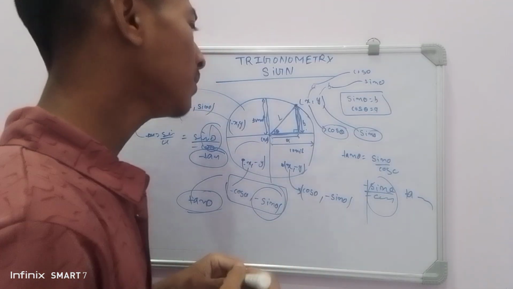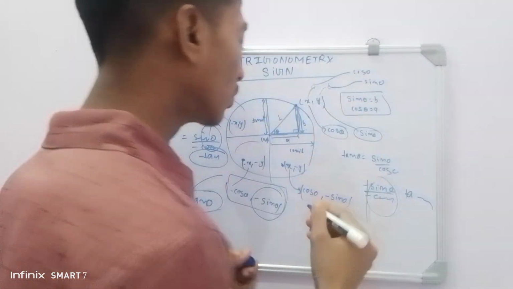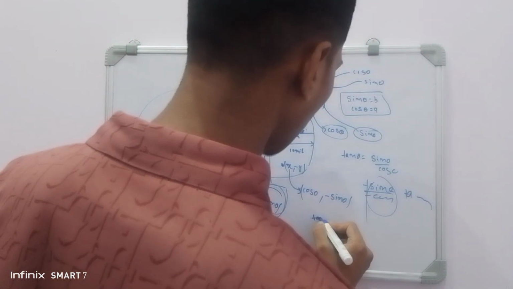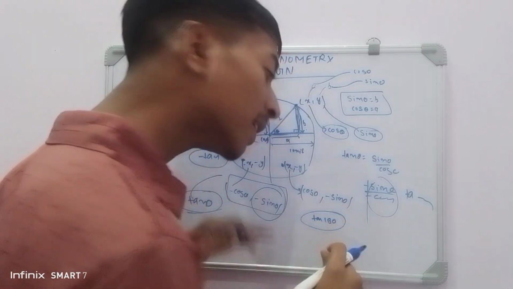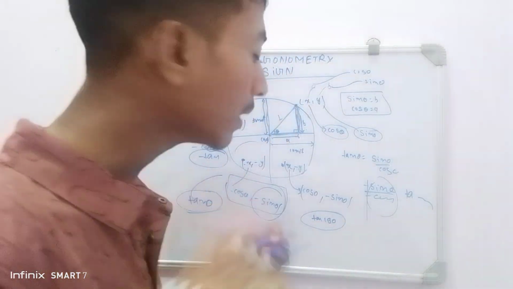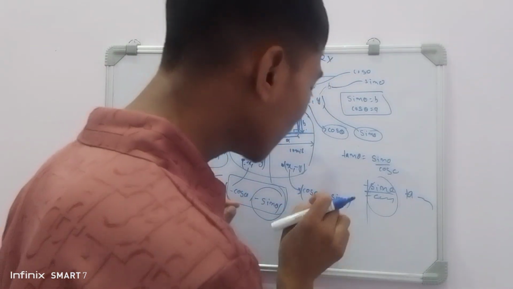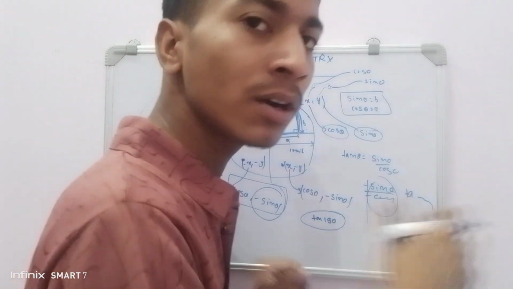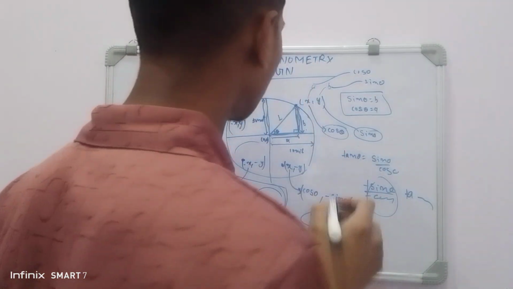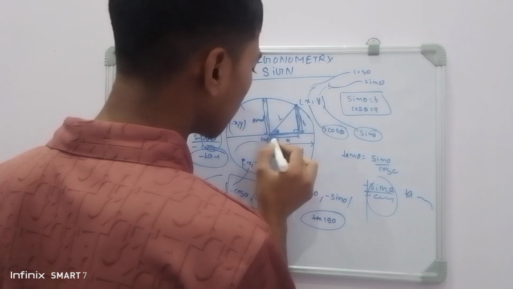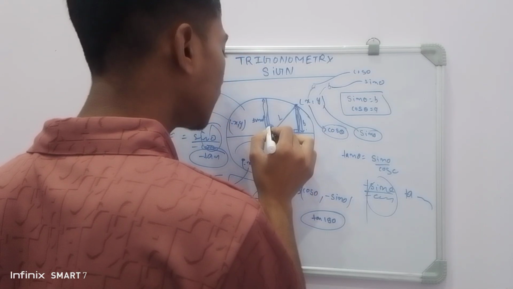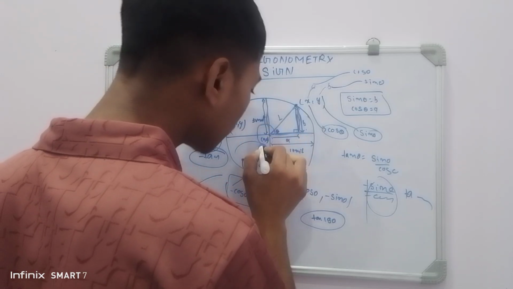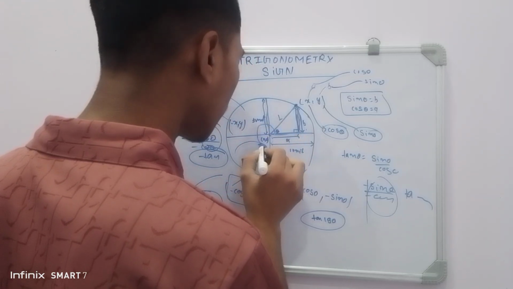Like this, if I ask you tan of 190 degrees, and you just have to answer whether it is positive or negative, you know that if you start from here you get to 90, 180 and something, here you will get 190.